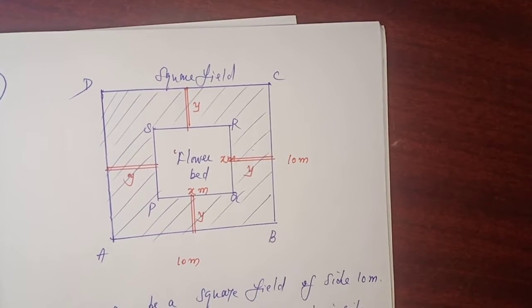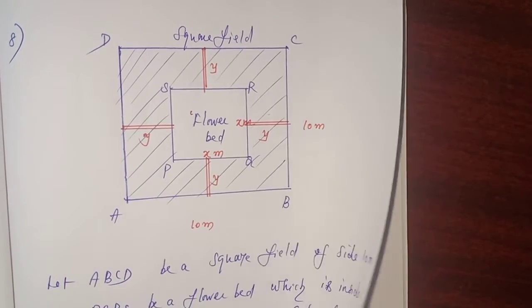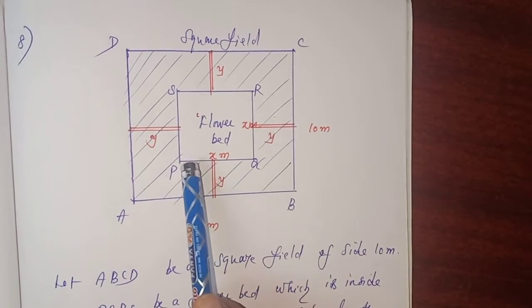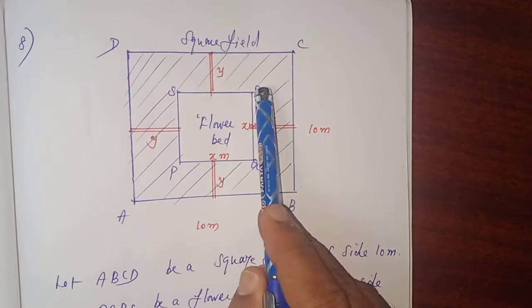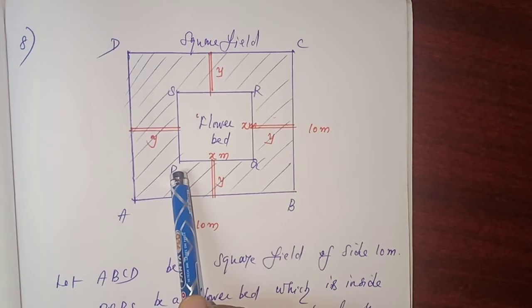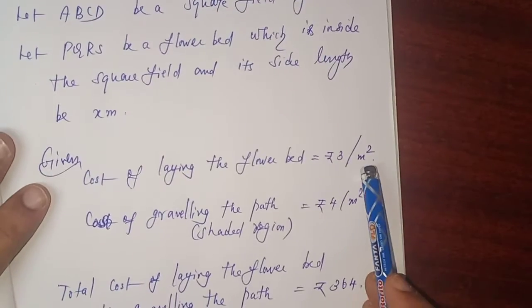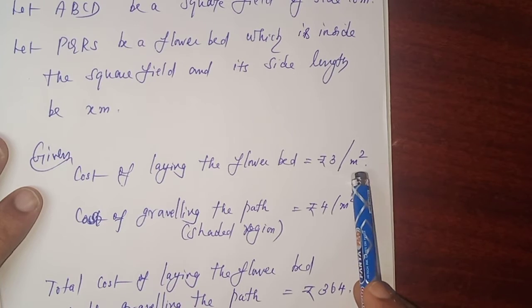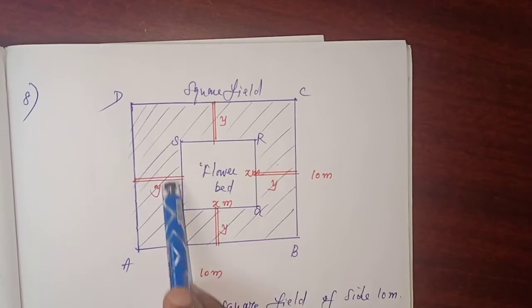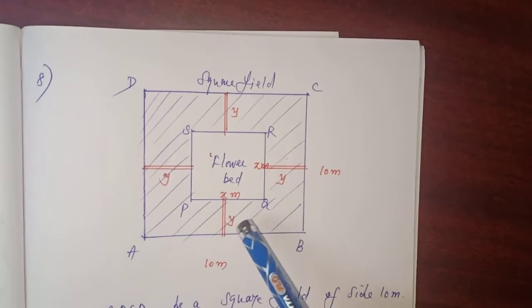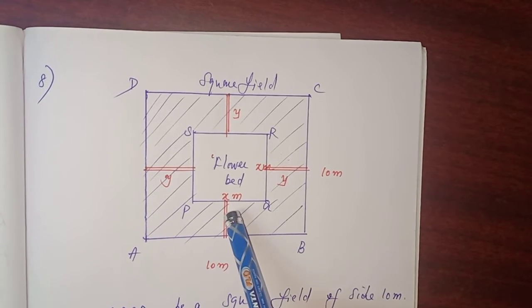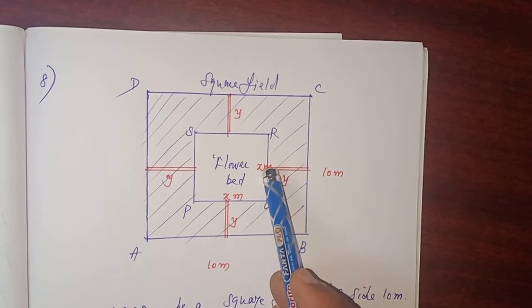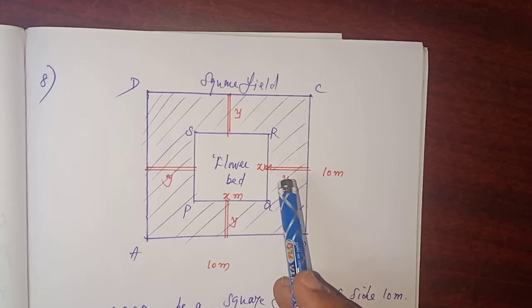How to find? First, I find the area of the flower bed, because square meter is given. Square meter is a unit for area. First, you have to calculate the area. Area of the flower bed is equal to area of the square, that is side into side, x into x, x squared.